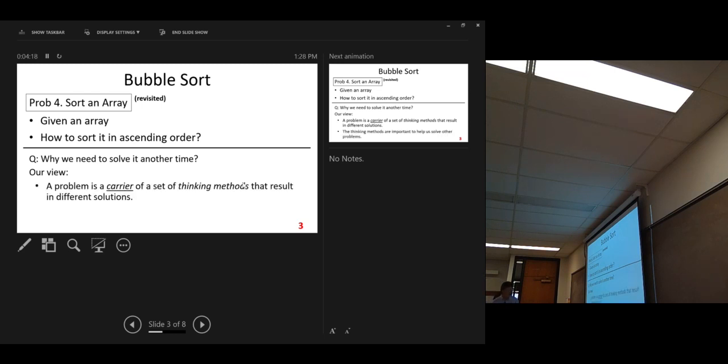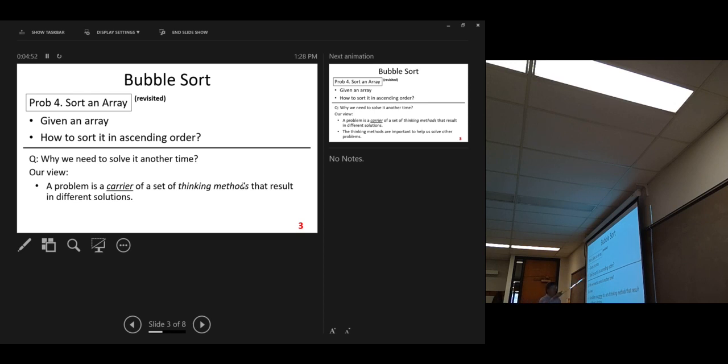So why do we do it in this way? Here, I give you that view: a problem is a carrier of a set of thinking methods. This problem has so many solutions, and it carries all those different thinking methods. So it is a carrier, and it has a lot of value.